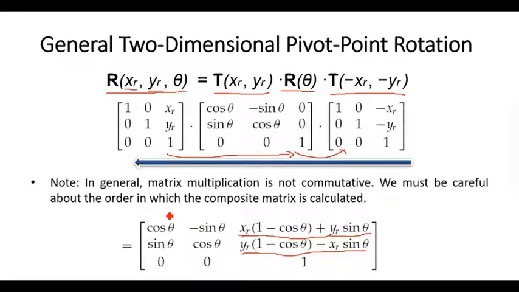These four terms are rotation terms. And if you remember, in translation only these two terms give us the parameters for moving the object. Similarly, this is a composite term which gives us the x-axis translation, both going to the negative x-axis and then going back to the positive x-axis, moving to the origin and moving back to its original position. That is given by these two parameters in this matrix.